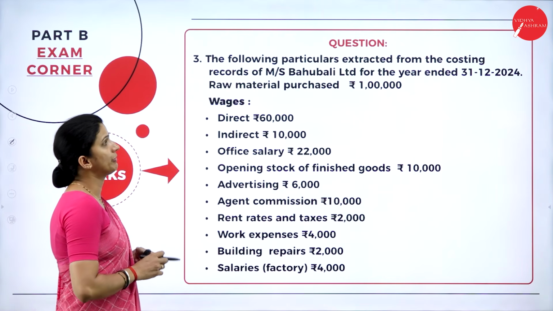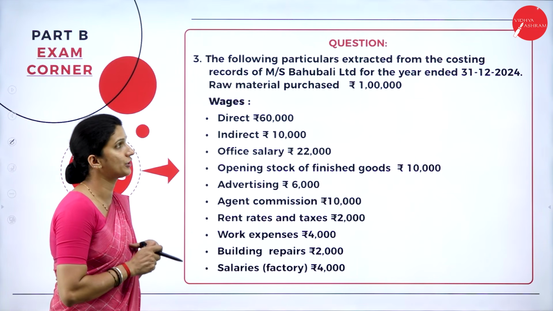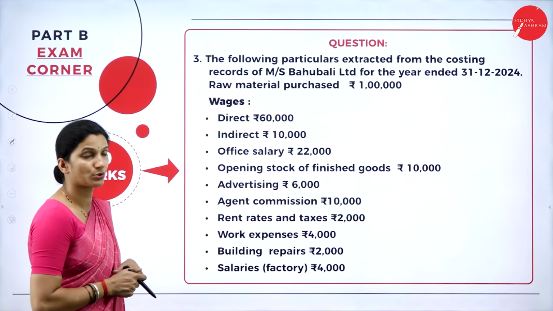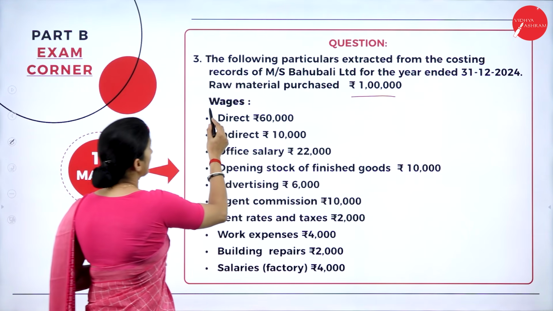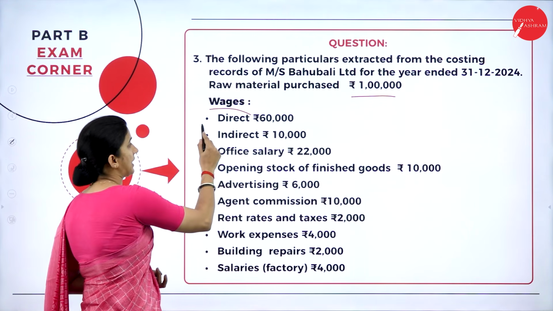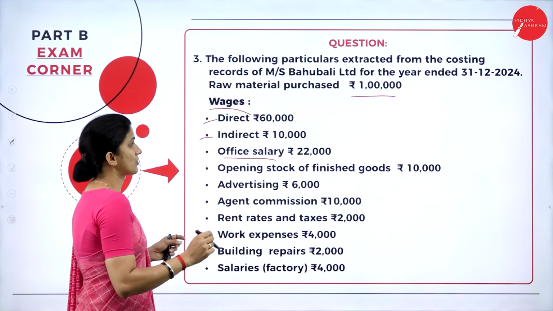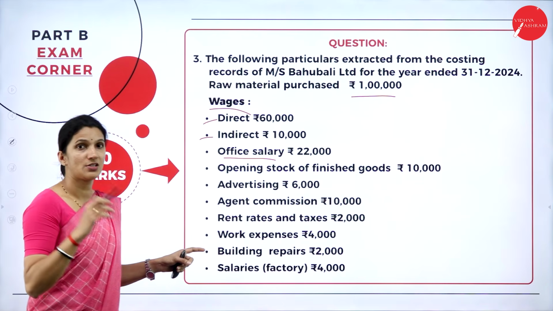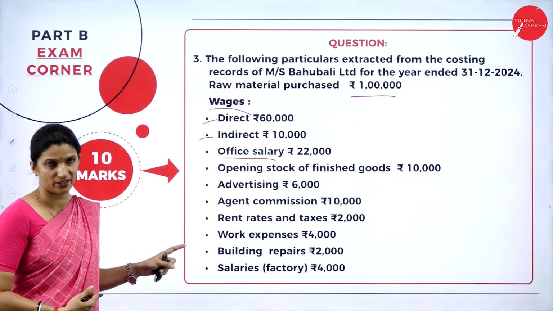See the question: the following particulars are extracted from the costing records of Mr. Bahubali Limited for the year ending 31/12/2024. Raw material purchased is 1 lakh. Then wages, you have both direct wages and indirect wages. Then office salary. Here, in the given expenses, you have to identify under which overhead you need to write each one.